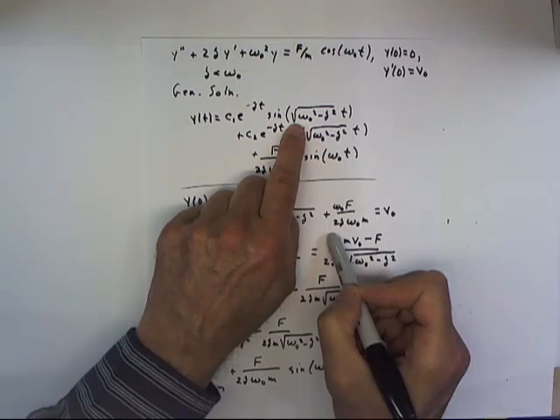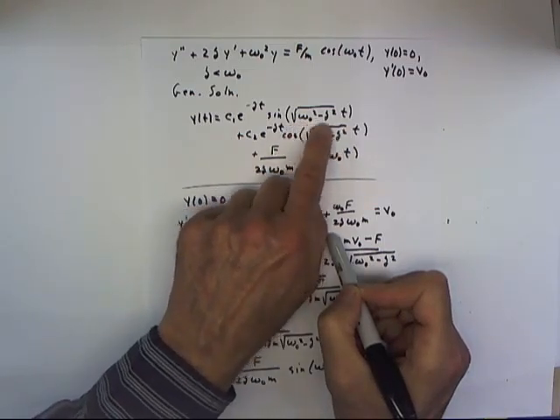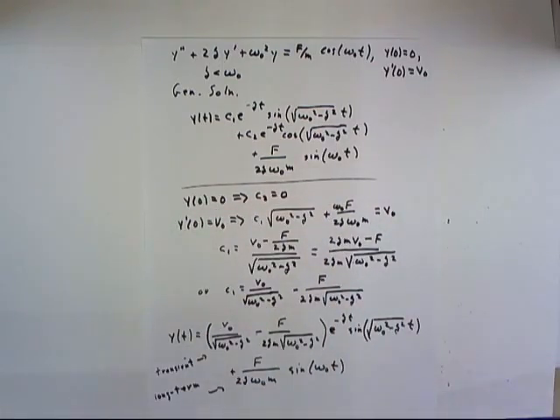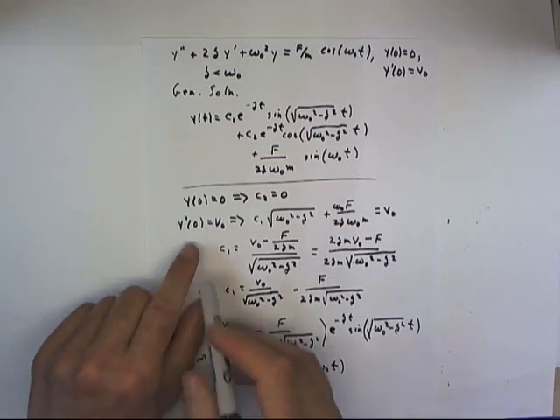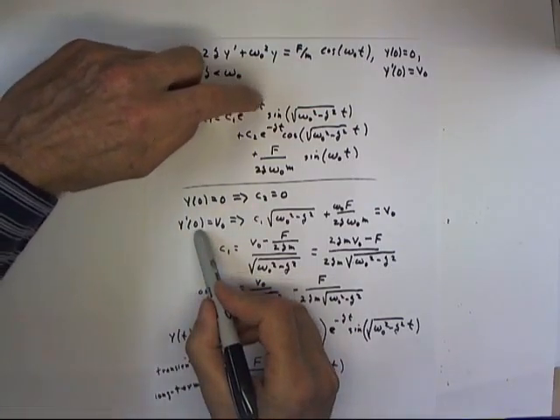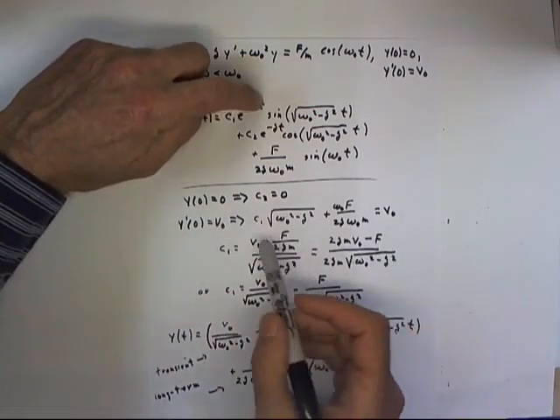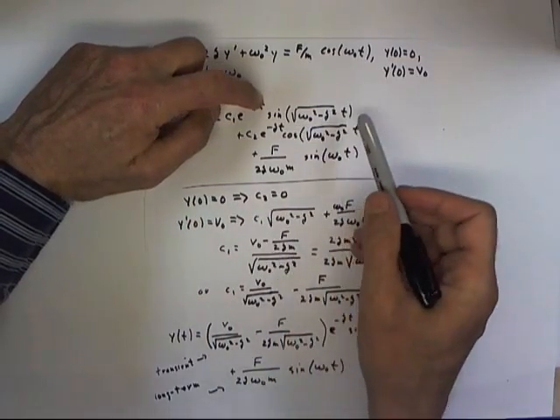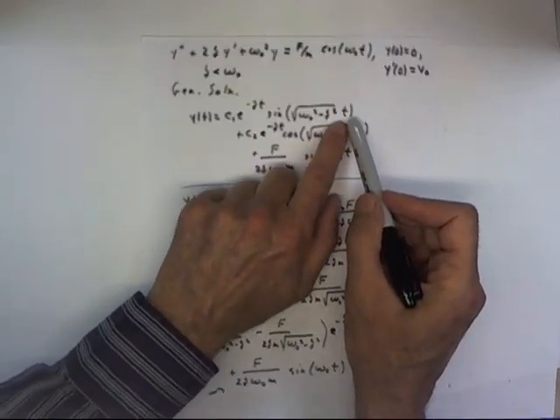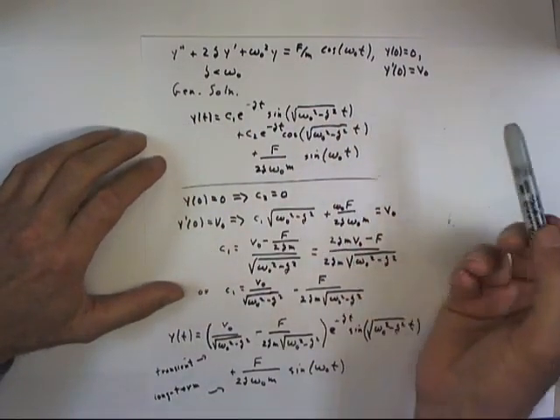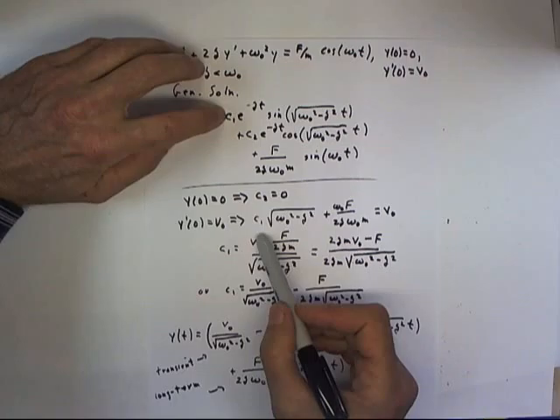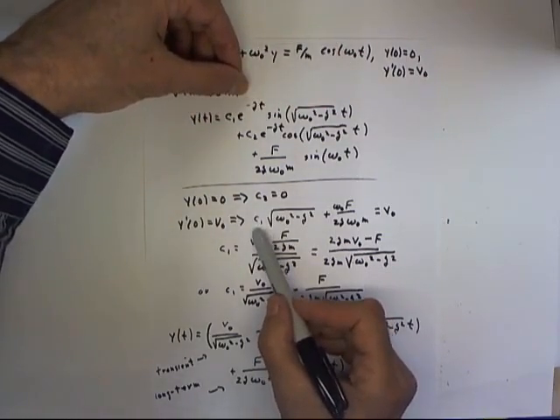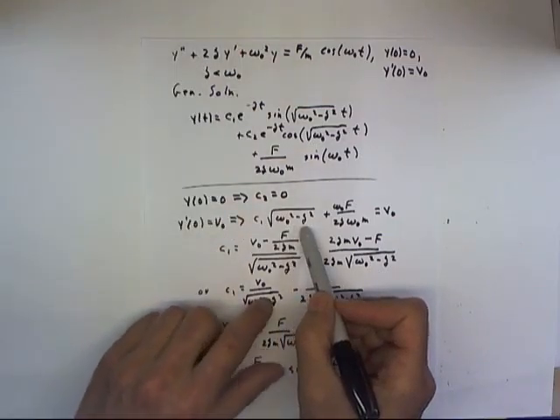We do that, we get the cosine, and we get the factor square root of omega naught squared minus delta squared from the chain rule. T is still 0, so the exponential is 1. So we're just going to get C1 times the square root of omega naught squared minus delta squared times the cosine. T is 0, so the cosine is 1, and therefore the derivative of this part of the function at t equals 0 is just C1 times this square root.